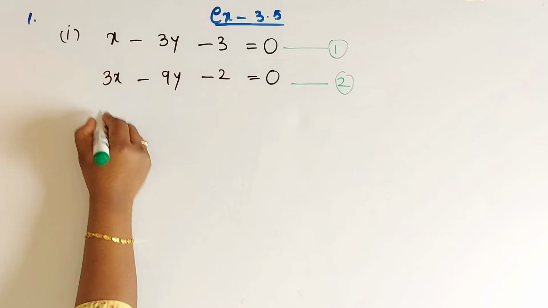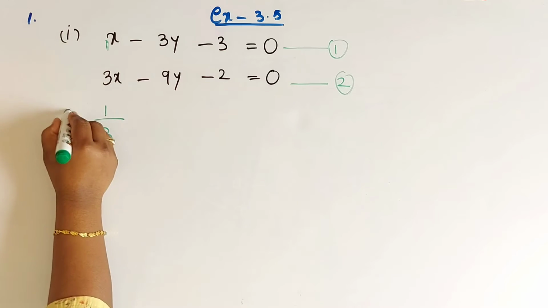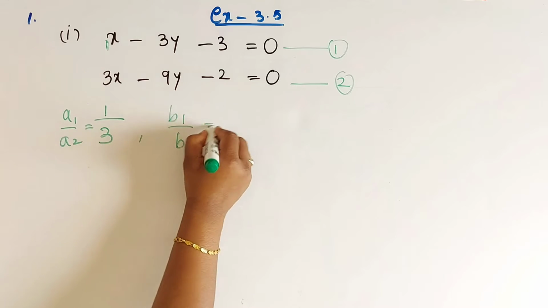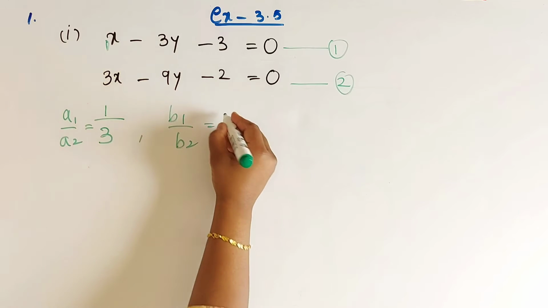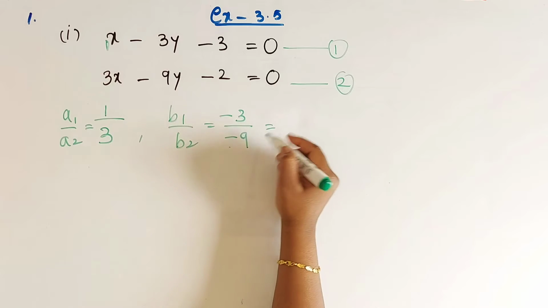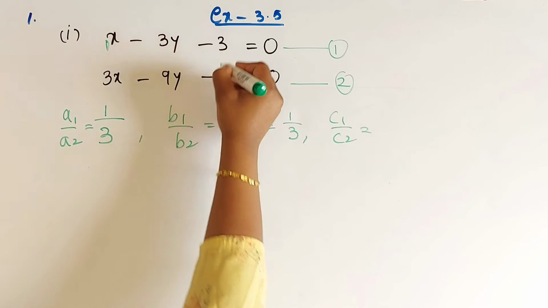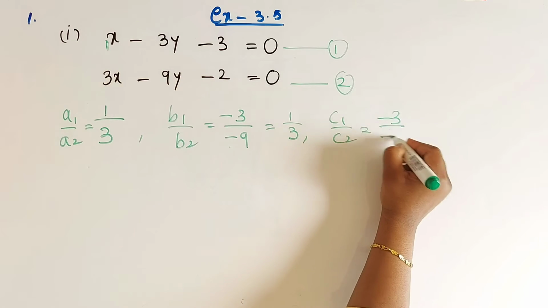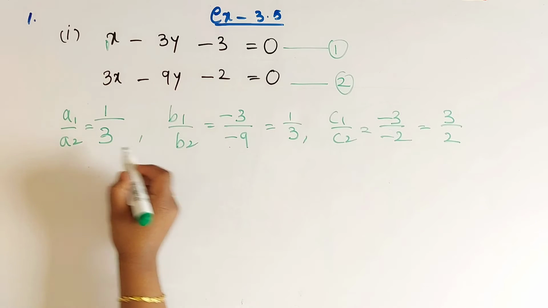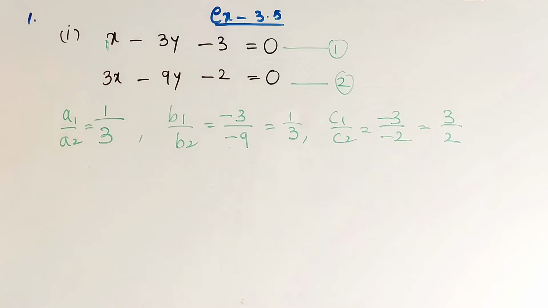a1 by a2. Here 1, nothing is there means 1 by 3. Right? This is a1 by a2. Now b1 by b2, here minus 3 is there and here minus 9 is there. Minus 3 by minus 9, minus minus will get cancelled, 1 by 3. Now c1 by c2, children, minus 3 and minus 2. Minus 3 divided by minus 2, minus minus will get cancelled, 3 by 2. Now check all the ratios, children: 1 by 3 here, 1 by 3 here and 3 by 2 here.